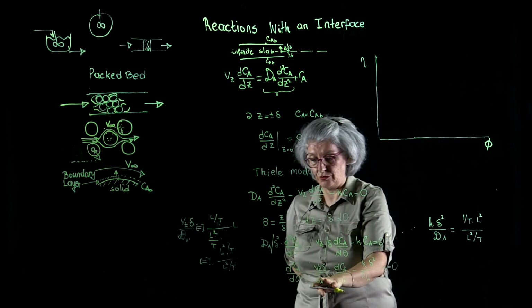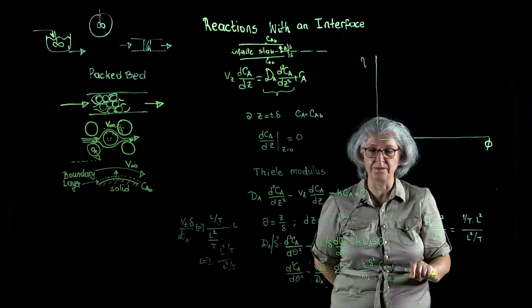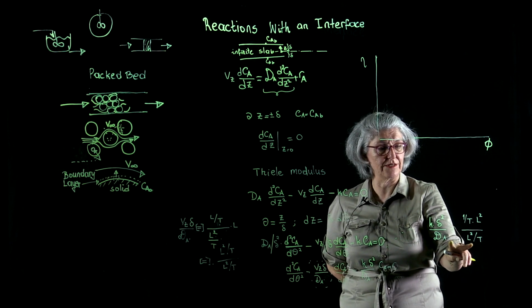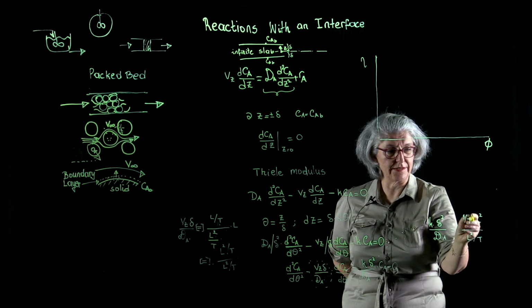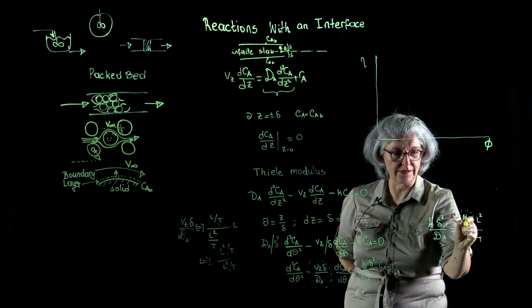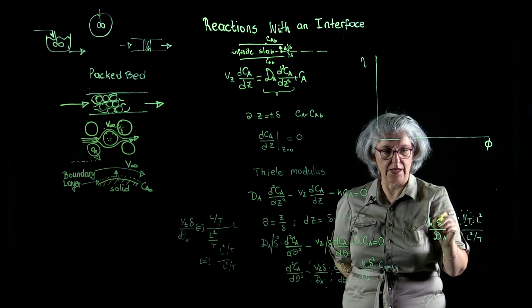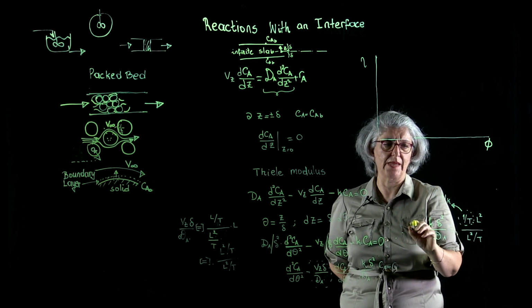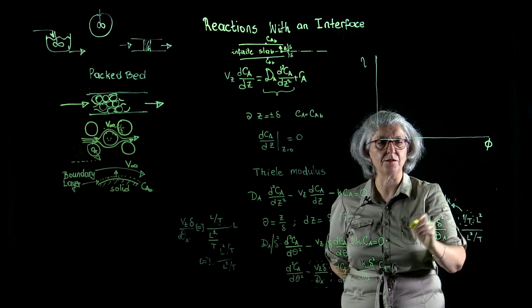Now we have two terms here. This should be familiar from our earlier discussions. Now this group is giving us a reciprocal time here. I'm going to represent it by 1 over k. And I'm going to call this characteristic time for reaction.